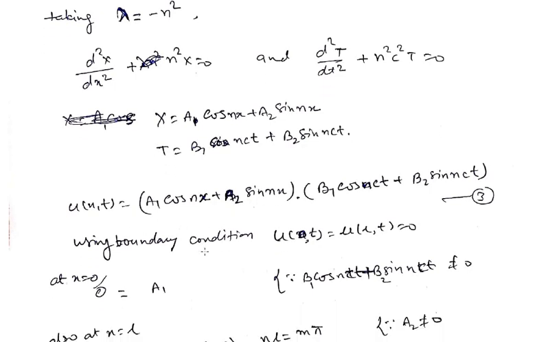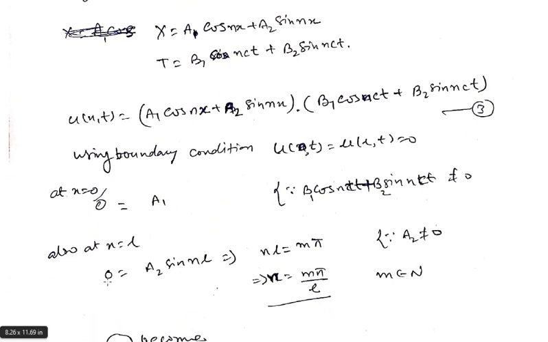Because a2 can't be 0, sin nl must equal 0. So nl = mπ, since for all integer natural values of m, sin mπ will be 0. From here we have n = mπ/l, where m belongs to the natural numbers N.